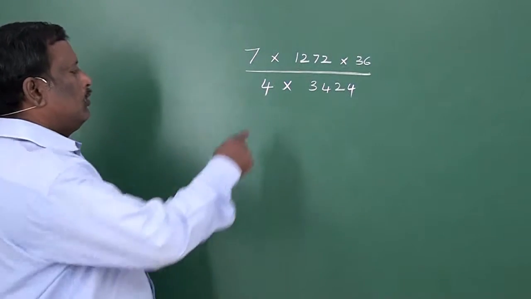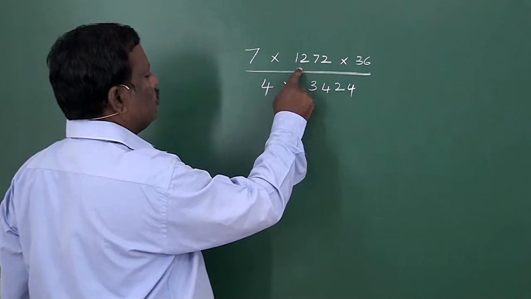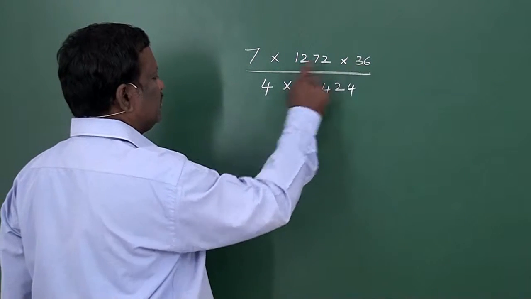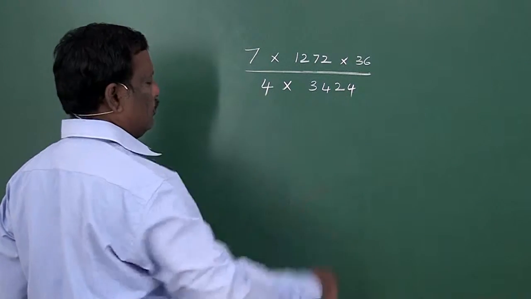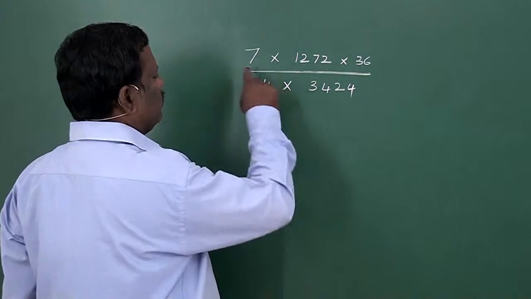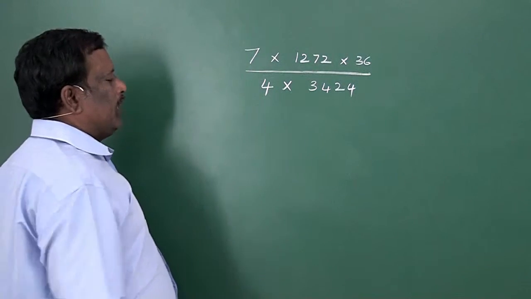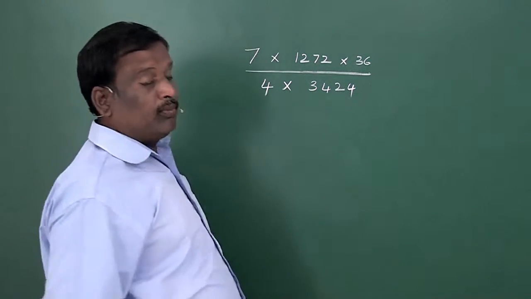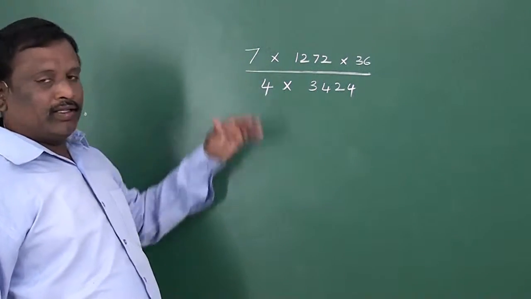Here we have 7 into 1272 into 36 by 4 into 3424. In the numerator you have 3 numbers which have to be multiplied, and in the denominator also you have 2 numbers which we have to multiply, and you have to divide that also.